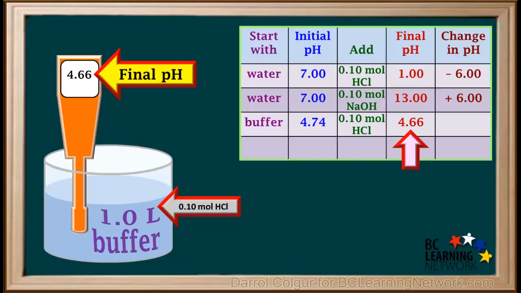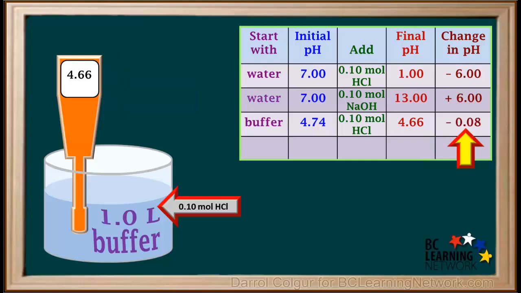We see that the pH has gone down, but only down to 4.66. In going from 4.74 down to 4.66, the pH has dropped only by 0.08. This is a very small change in pH.